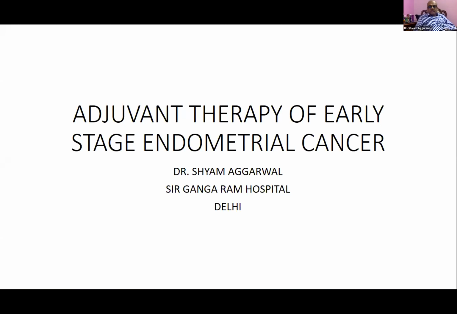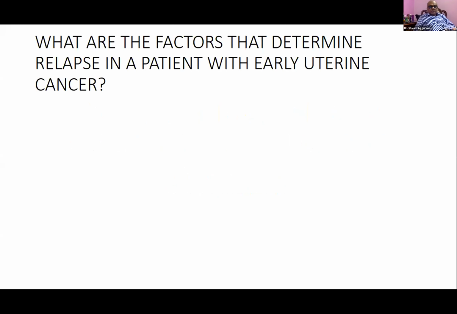Before we go on to that, just to revise, next slide, please. What are the factors that determine relapse in a patient with early uterine cancer? I think we can have Dr. Rupinder Sekho to answer this. We are focusing on stage 1 uterine cancer. What do you think are those factors which we should keep in mind for determining the relapse rate?